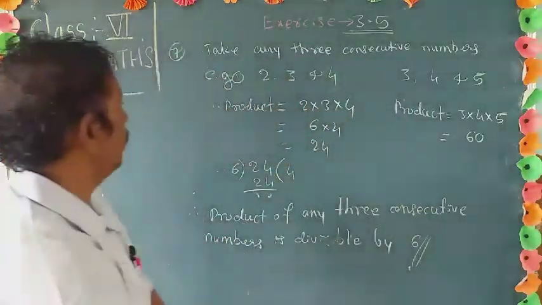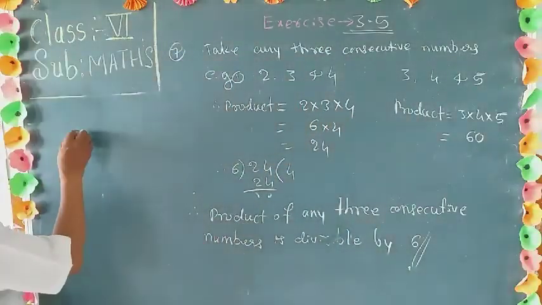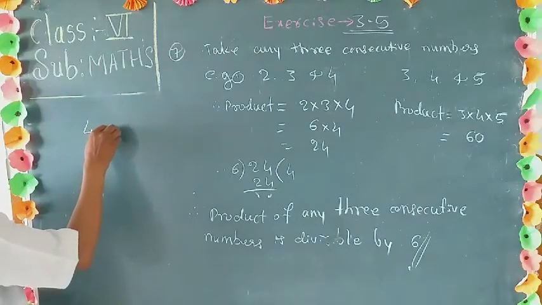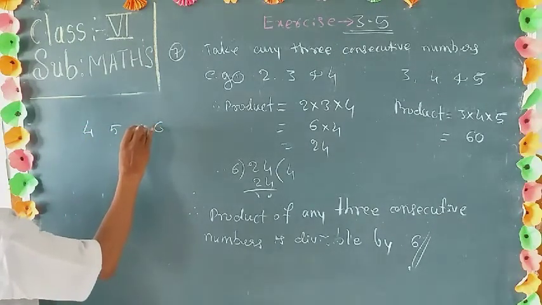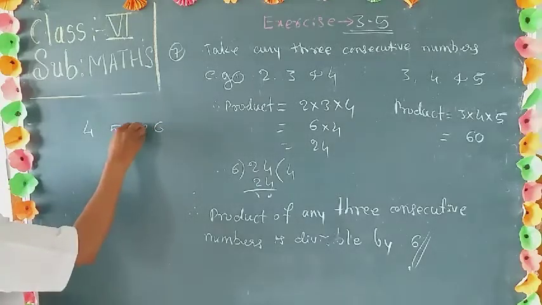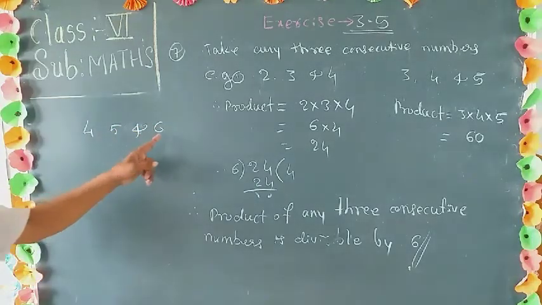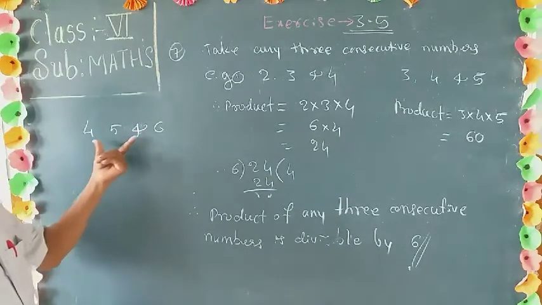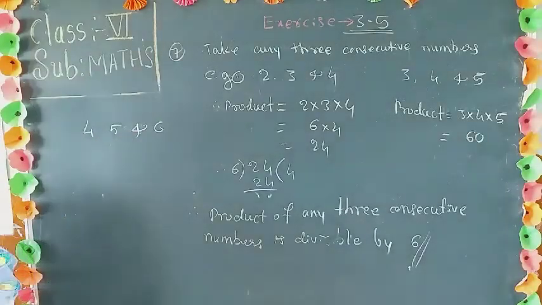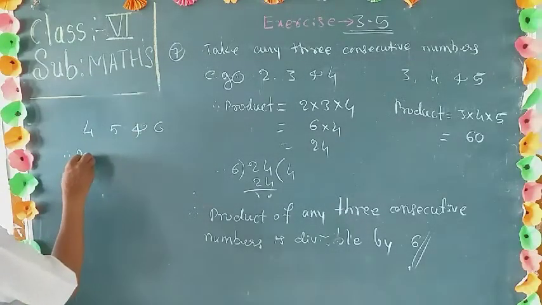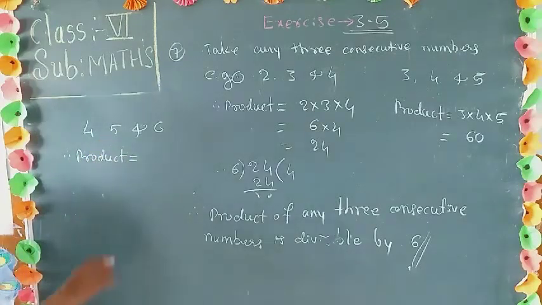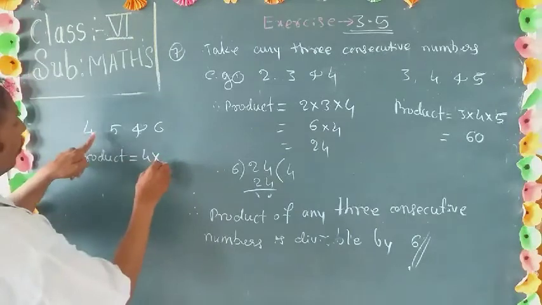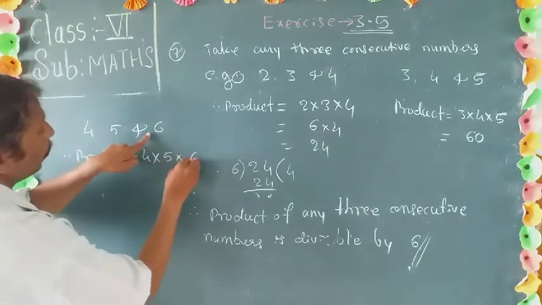Similarly, take another example, 4, 5 and 6. These are also three consecutive numbers. Therefore, product is equal to 4 into 5 into 6.